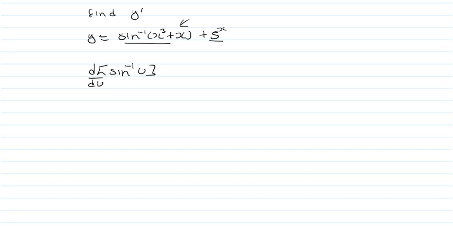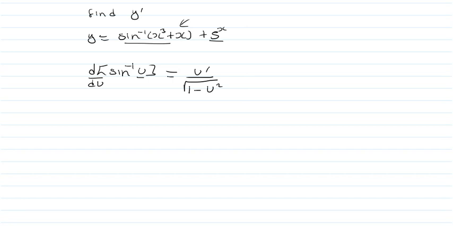Okay, so to differentiate this inverse function, you differentiate the u, which is the inside function. You get u prime over the square root of 1 minus u squared. So this is the form sine inverse is going to carry. Regardless of what u is, you just differentiate it, then put it over the square root of 1 minus u squared.